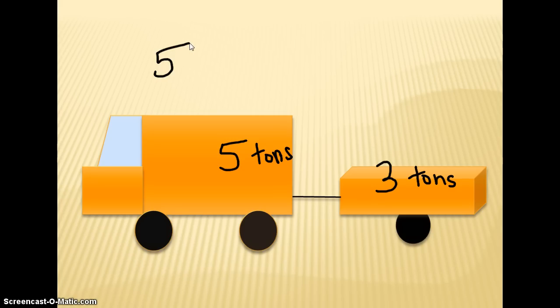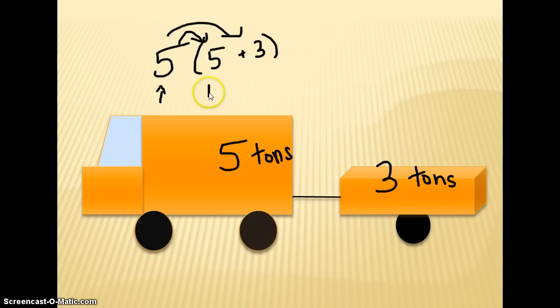So if we make a total of 5 trips, and we want to figure out how much we're hauling, we are hauling 5 tons plus 3 tons every time for a total of 5 trips. So we could go ahead and add together and get 8 times 5, or we could distribute.